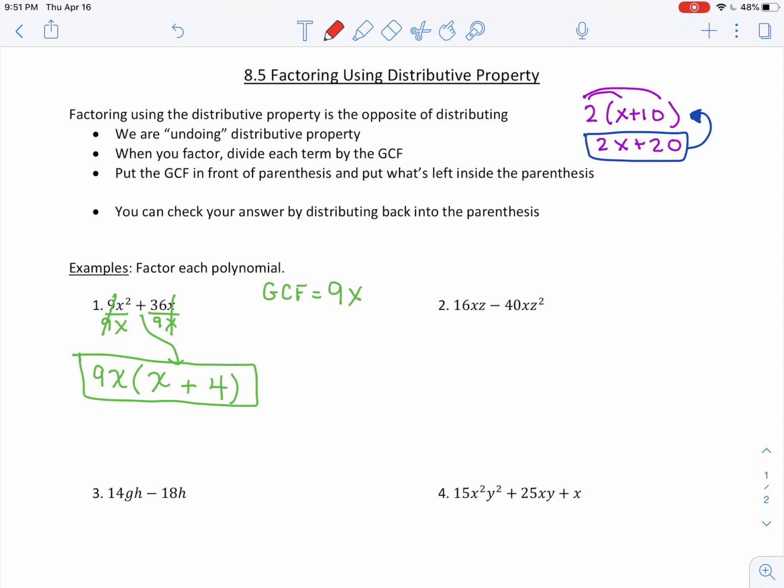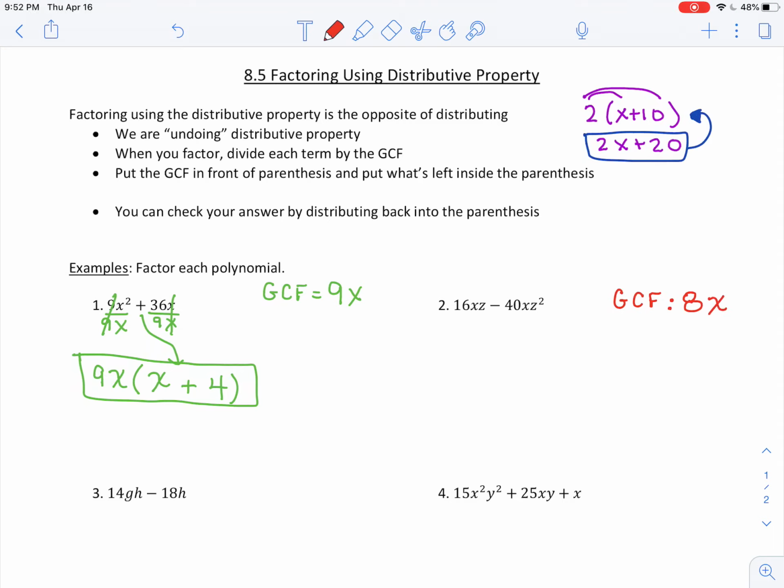Okay, for question number 2, we're going to factor out the GCF. So first, we have to figure out what the greatest common factor is. Again, go piece by piece, number by number, letter by letter. So between 16 and 40, the biggest number that divides into both 16 and 40 is 8. Then I have an x in each term, so that's a greatest common factor.